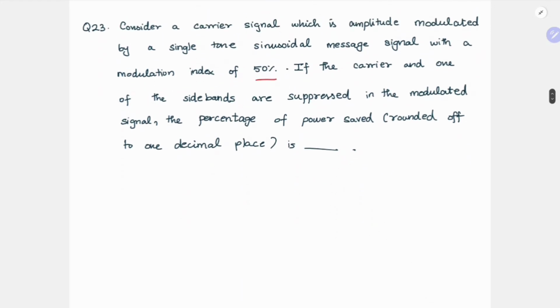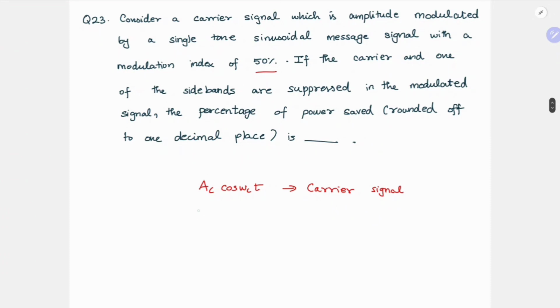So what they are saying, we have an amplitude modulated signal. The carrier signal is A_C cos omega_c t. This is our carrier signal. It is getting modulated by a single tone sinusoidal message signal. What is a single tone sinusoidal message signal? It has only one frequency.